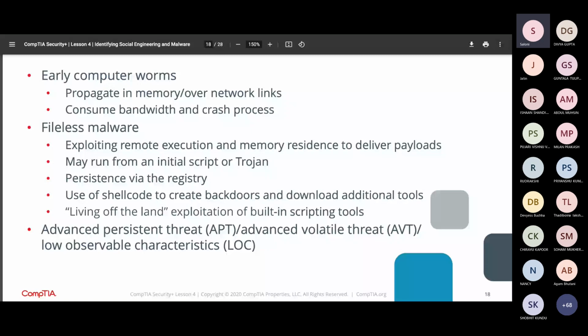Then we have advanced persistent threat (APT) or advanced volatile threat (AVT). Both can be used to describe the general class of modern fileless or living off the land malware.